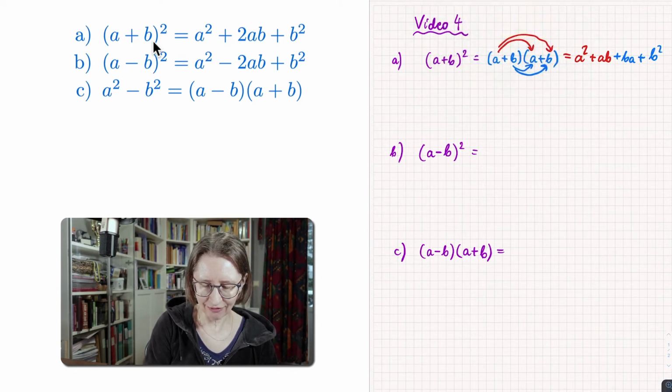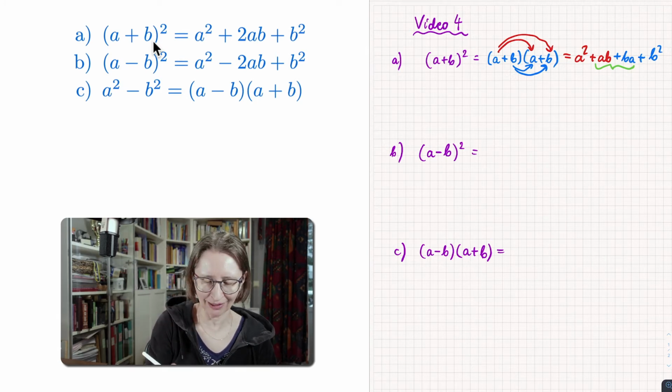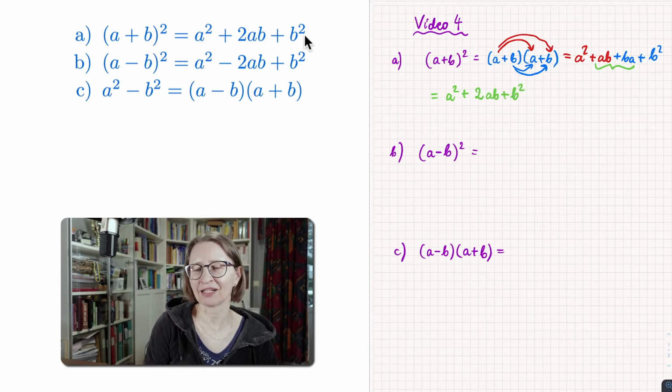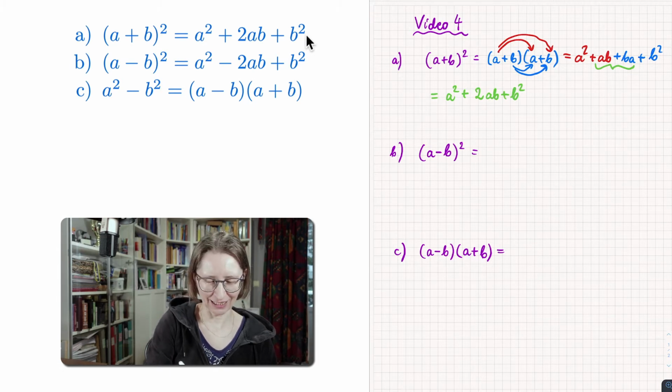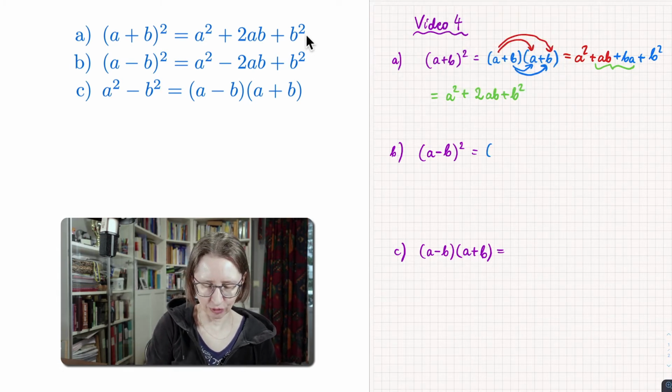And you see I have ab and ba, but it's the same, right? Because multiplication is commutative, it does not depend on the order of the factors. So I really get a squared plus twice ab plus b squared, which is exactly the right-hand side of the formula. In exactly the same way I can prove the second one.